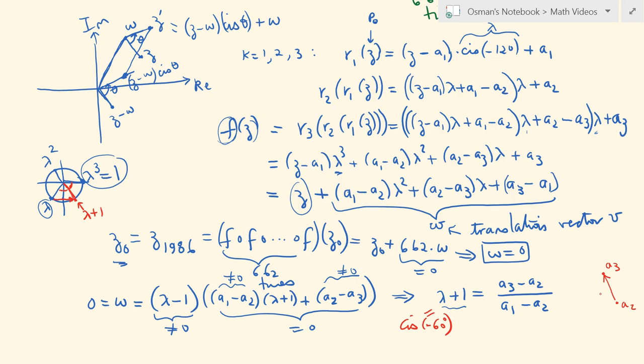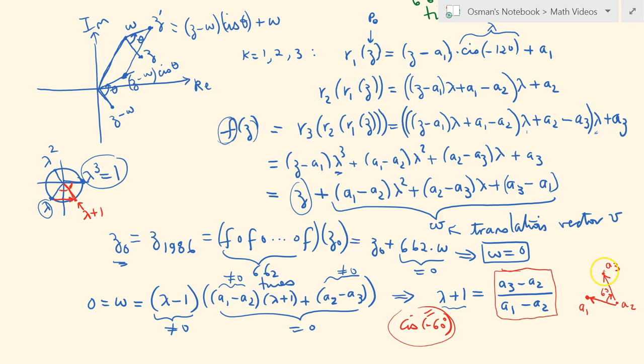Yeah, so something like this. This is a1, so a1 minus a2 is this one, and we are told that a3 minus a2, so this is just the definition for a rotation, right? So it shows you the angle between these two complex numbers. So this is minus 60 degrees.